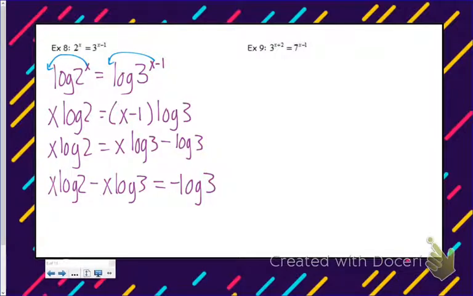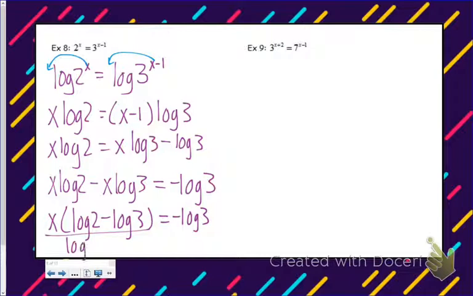Now that my x is on the same side, I can factor it out. And then in order to get x by itself, I would just divide by what's with it. And now I have my answer in terms of log.